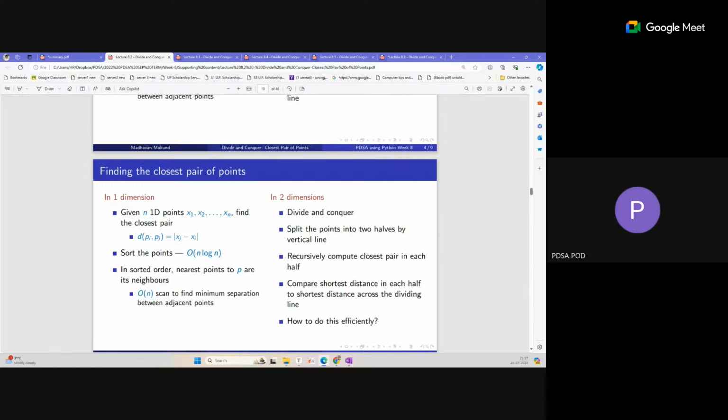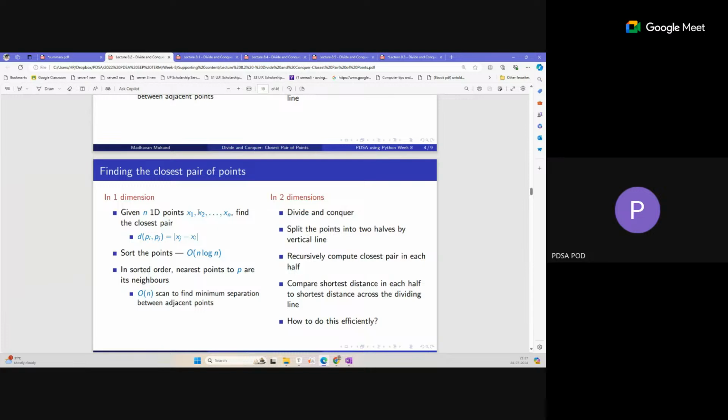This problem we have already discussed in the week 1 or week 2 assignment, where we have some numbers and we want to find the closest pair. We can sort the elements and figure out which elements have the minimum difference by just a linear process. But in 2 dimensions, how can we improve this from n square to less complexity?